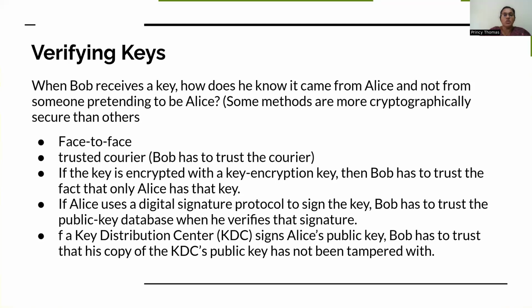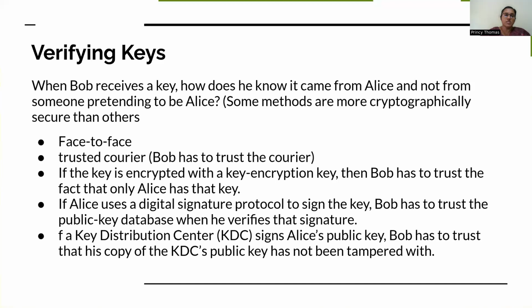Some of the cryptographically secure methods are, one, of course, manually, face-to-face. Second, a trusted courier, but here we have to trust that the courier is a trustworthy entity. If the key is encrypted with the key encryption key we saw earlier, then Bob has to trust that only Alice has that particular key, and that the key encryption key is not compromised.